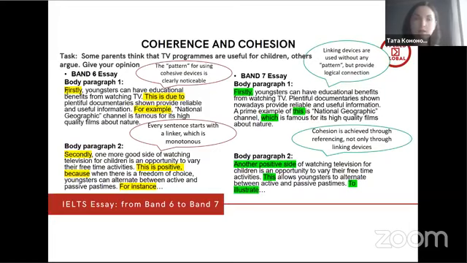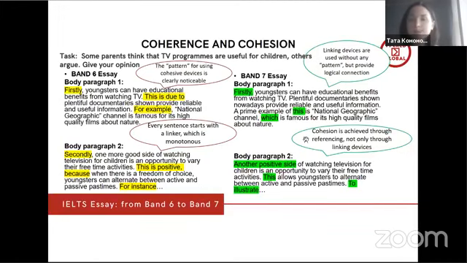Firstly, at the beginning of the first paragraph. Secondly, at the beginning of the second. This is due to, and this is positive because, stating the reason at the beginning of the second sentence. For example, and for instance, for the third sentence.